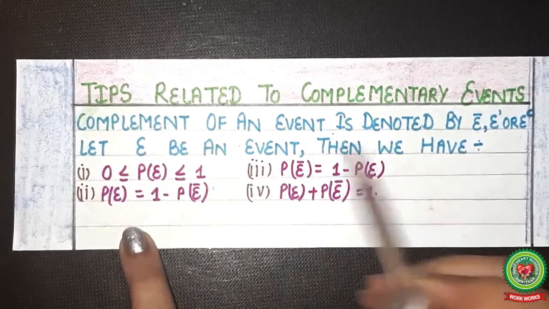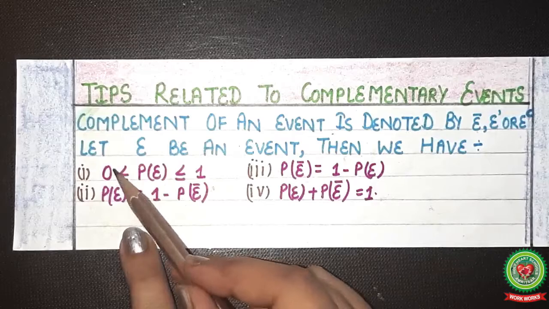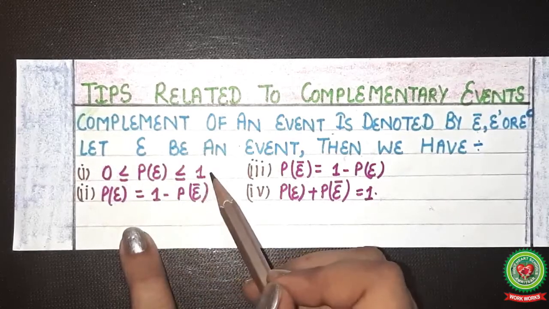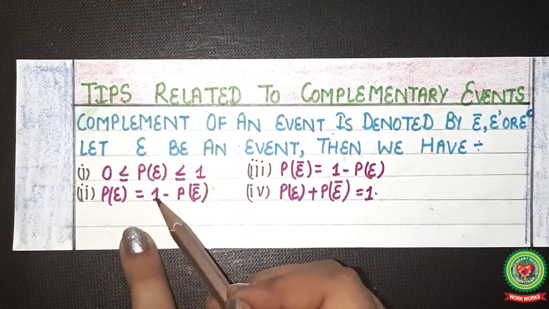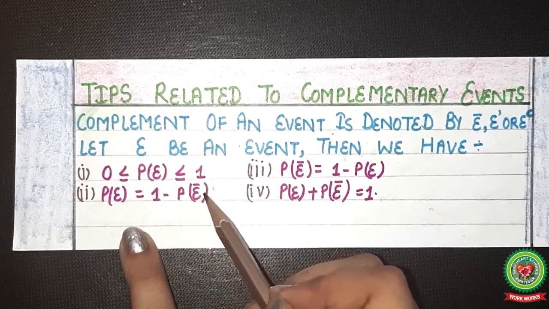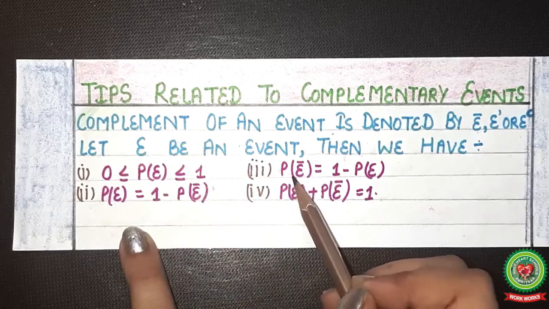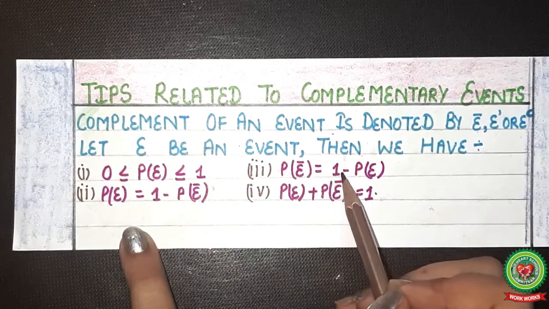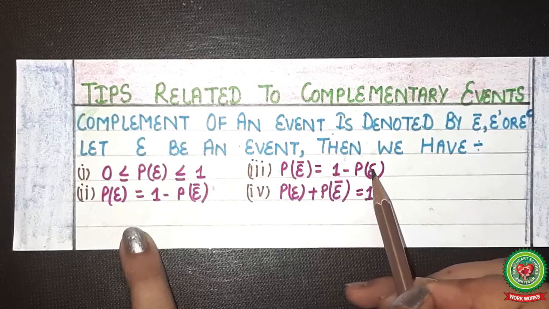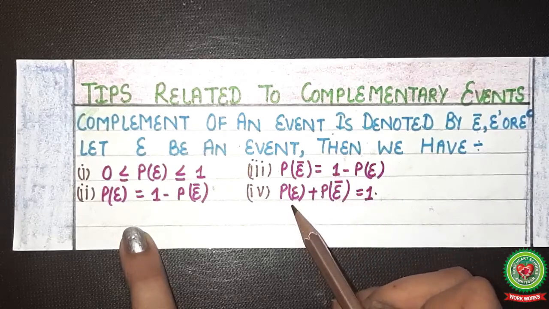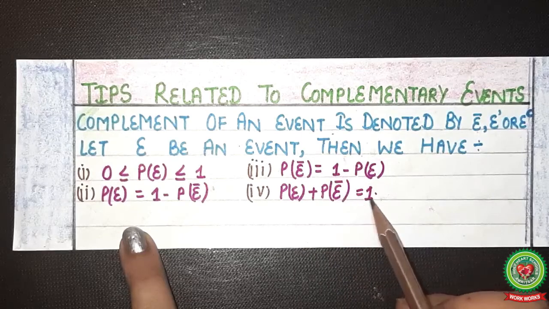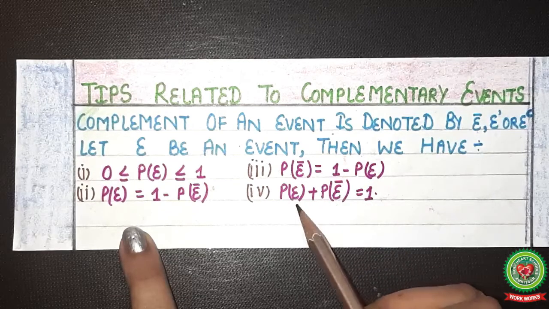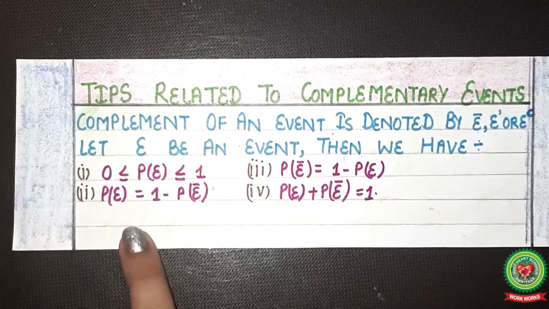Then P of E lies between 0 and 1. P of E is equal to 1 minus P of not E. P of not E is equal to 1 minus P of E, and P of E plus P of not E is equal to 1. By adding these two values, we will get 1.